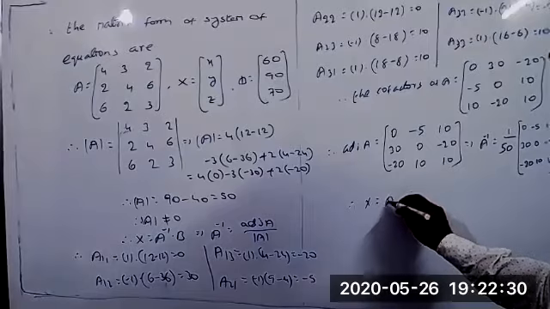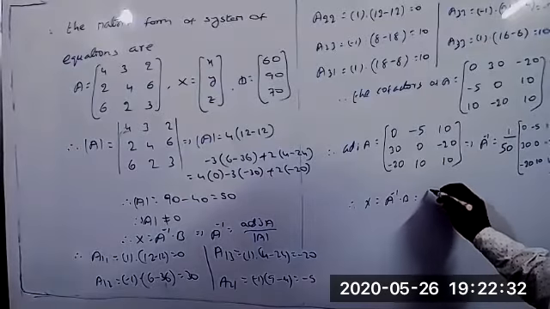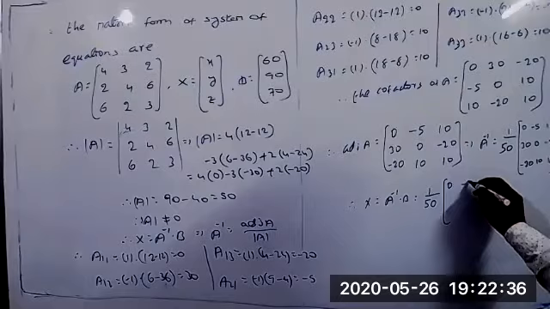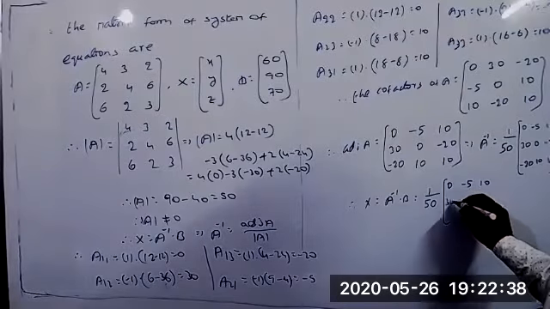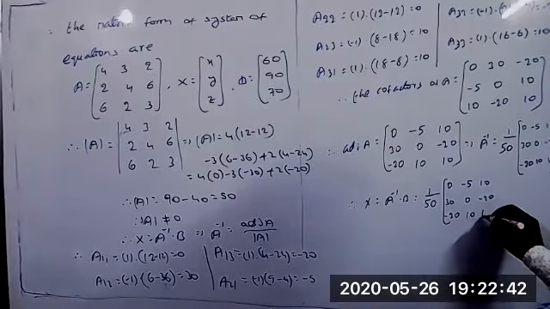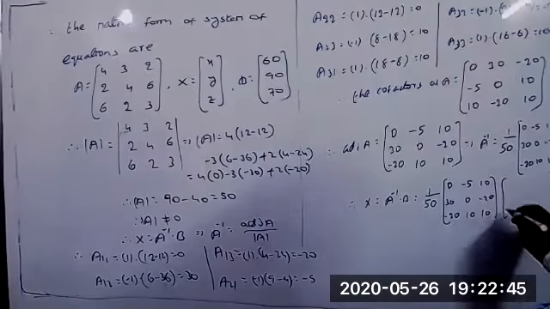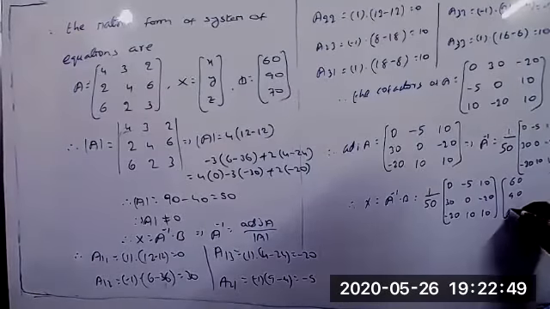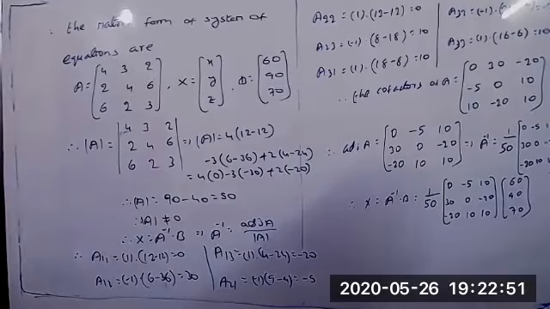Now X equals A inverse into B. The A inverse we just got is 1 by 50 into 0, minus 5, 10, 30, 0, minus 20, minus 20, 10, and 10, into the matrix B equals 60, 90, and 70.